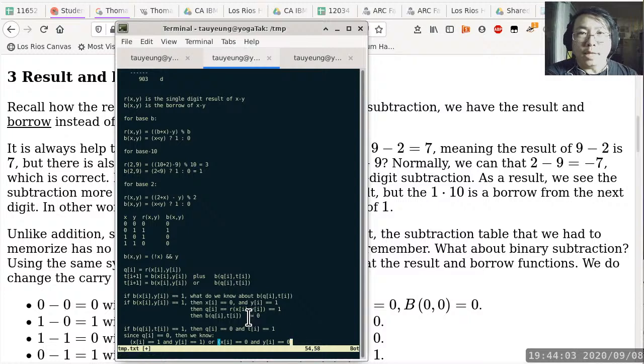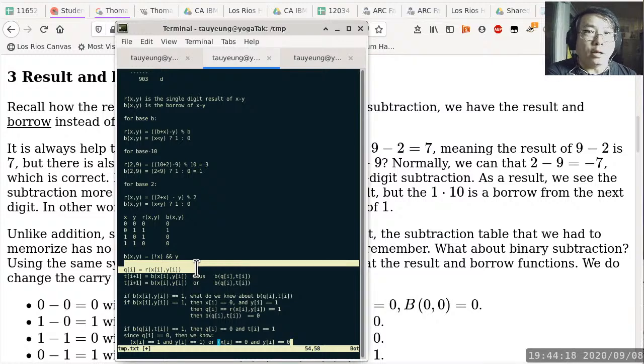Now, how do we know that? Well, it's all because q of i is locked down to a 0. But what exactly is q of i? Q of i is defined to be r of xi, yi. In other words, we know that r of xi, yi is a 0.